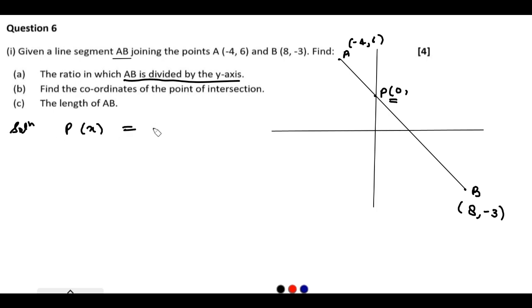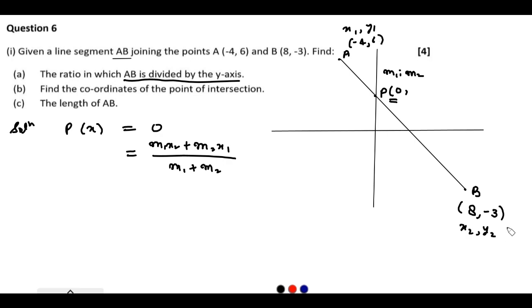X coordinate of P is 0, and the section formula will be, if P divides line segment AB in the ratio m1:m2, then x is m1 x2 plus m2 x1 upon m1 plus m2, where x1 y1 and x2 y2 are the two end points of AB.